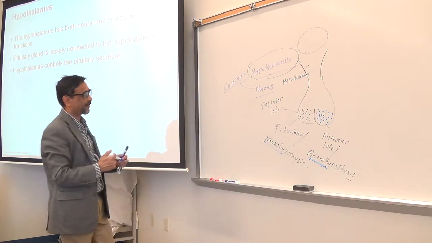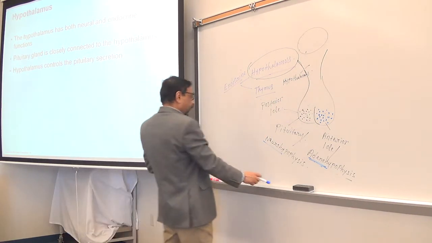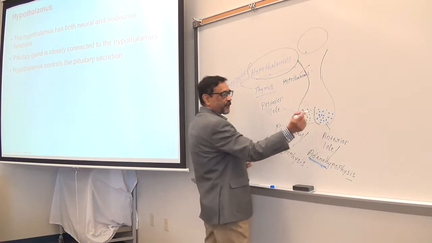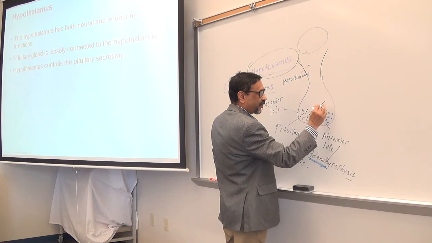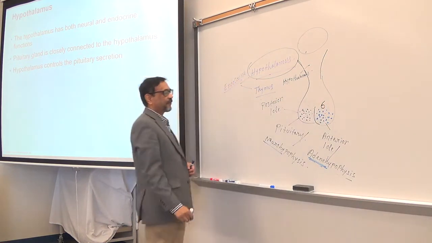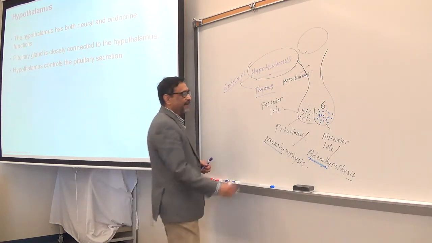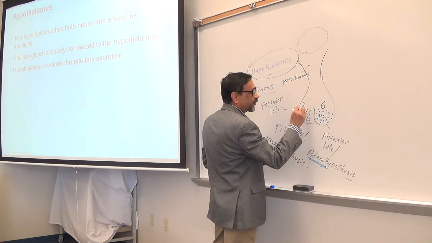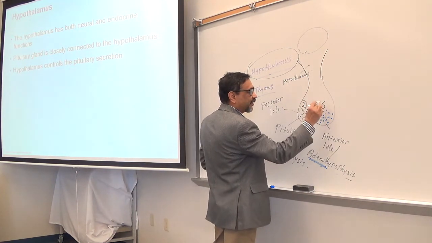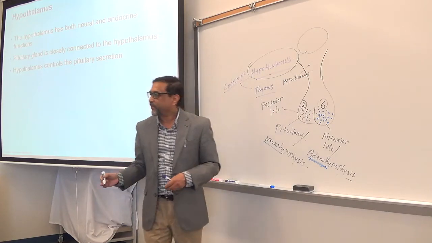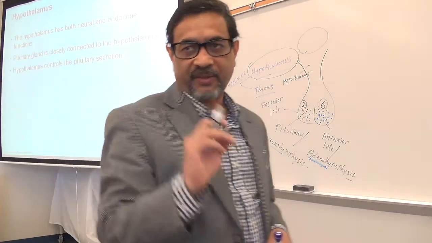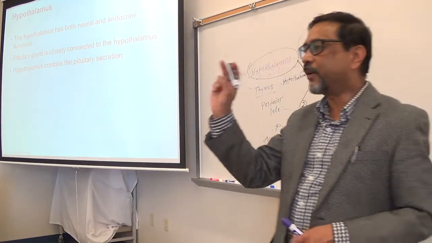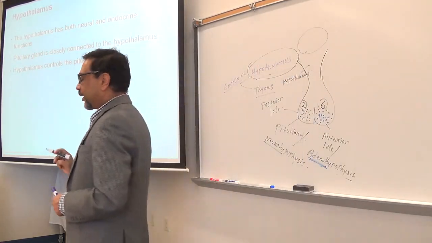Hypophysis is pituitary. Okay. Now, the anterior pituitary releases 6 hormones, and posterior pituitary releases 2 hormones. Okay, you need to know those names. Okay, from anterior pituitary, how many? 6. From posterior pituitary, only 2.